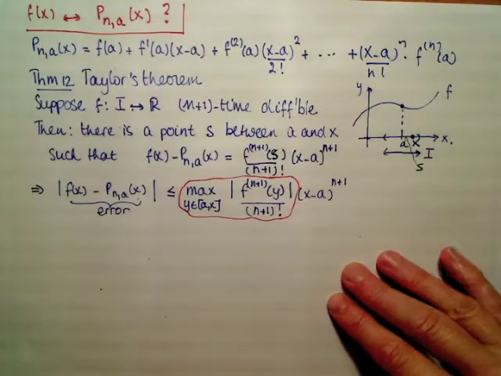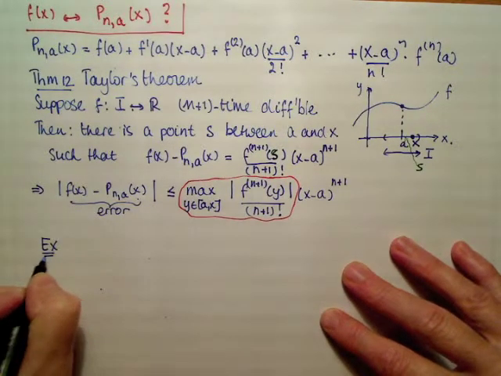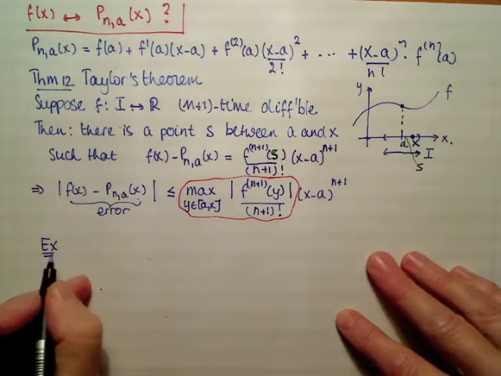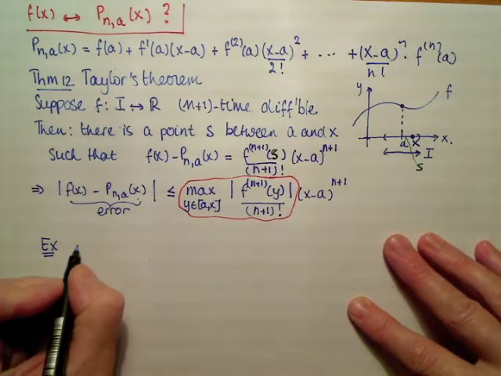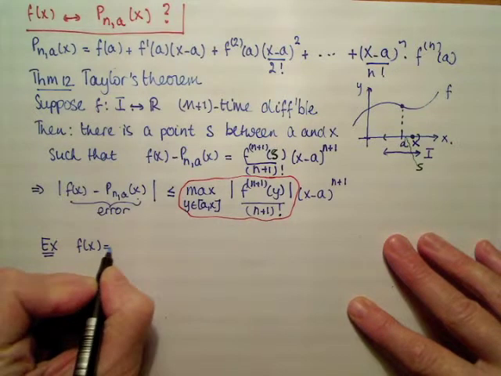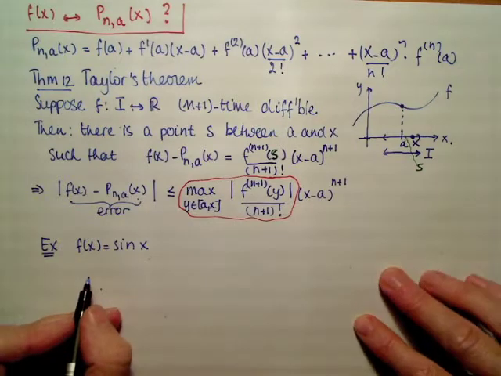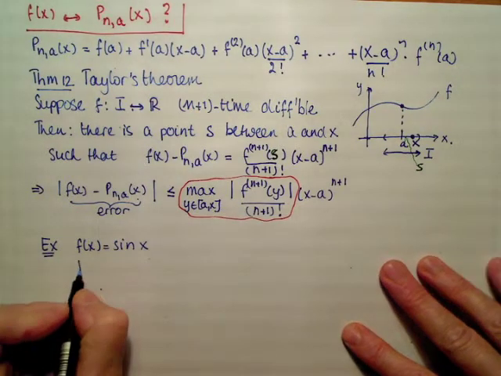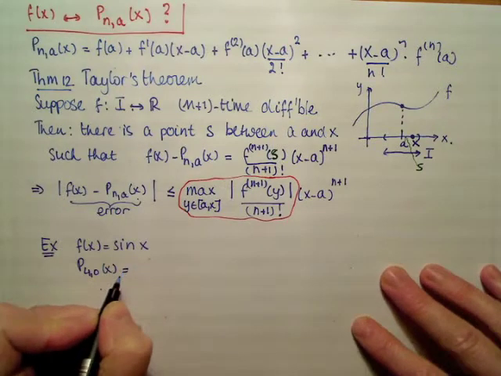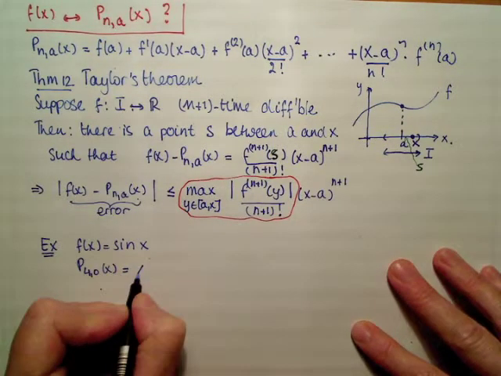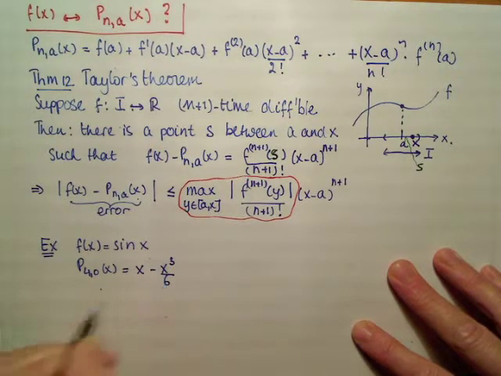Now let us apply this theorem to one of our previous examples. What we did a few videos ago was to compute the 4th order Taylor polynomial with base point 0 associated with sine of x, and we have seen that this is equal to x minus x to the power 3 over 6.